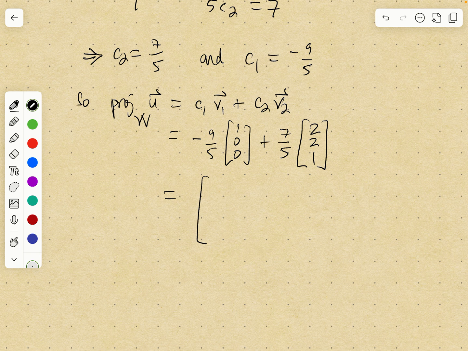The first component is negative 9/5 plus 14/5, that's 5/5, that's 1. Second component is 0 plus 14/5, and then the third component is 0 plus 7/5. So that's the answer. The projection of u onto w is this vector.